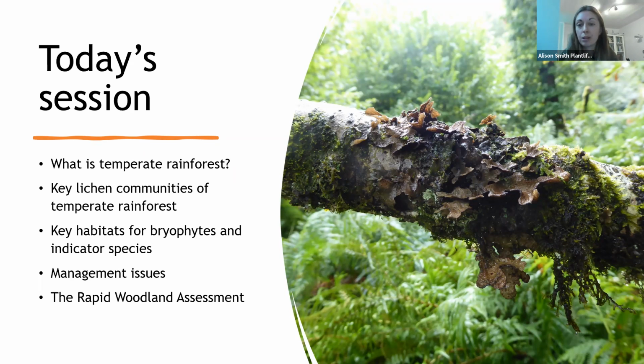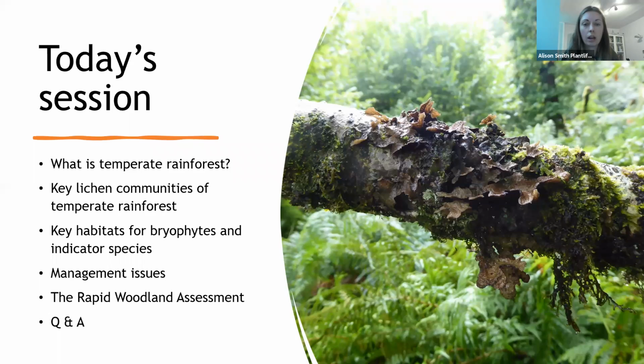And we'll talk you through some of the results we've had from that in the southwest of England and how that's informing our work. And then we're going to finish up with a Q&A, so there'll be plenty of opportunity to ask questions at the end as well.